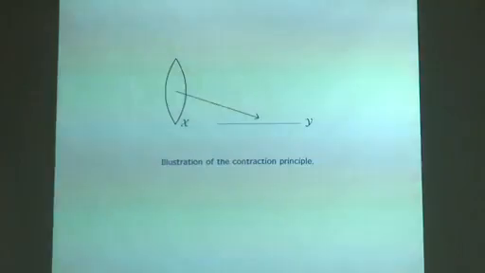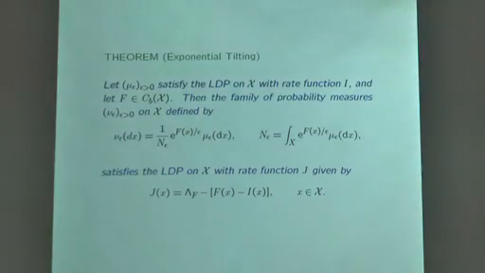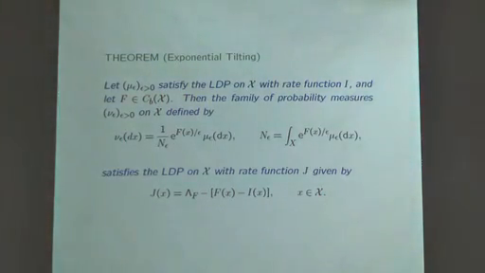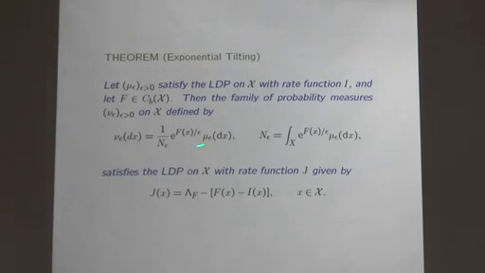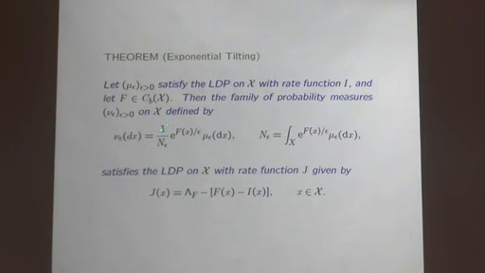Okay. Here's another forward principle. This is called exponential tilting, also very important. Suppose you are given, again, a family that satisfies an LDP, and I'm tilting this with an exponential functional, and I'm normalizing this measure so that it is also a probability measure, and for that the normalization constant is exactly the integral as we've seen it in Varadhan's lemma.